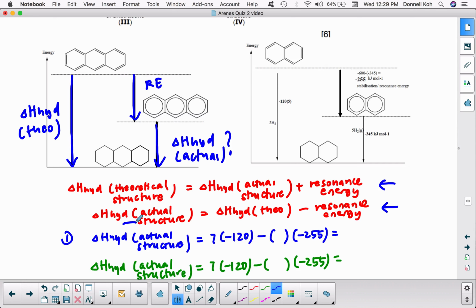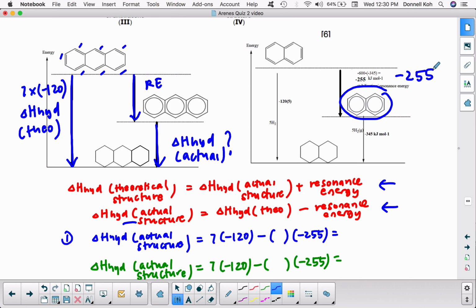So let's put in the value now. In this case, we're actually hydrogenating 7 double bonds. 1 2 3 4 5 6 7. So the value will be 7 multiplied by minus 120. Alright, and for the resonance energy, how do we know? Look at the right hand side. When it involves 2 benzene rings, the value is minus 255.